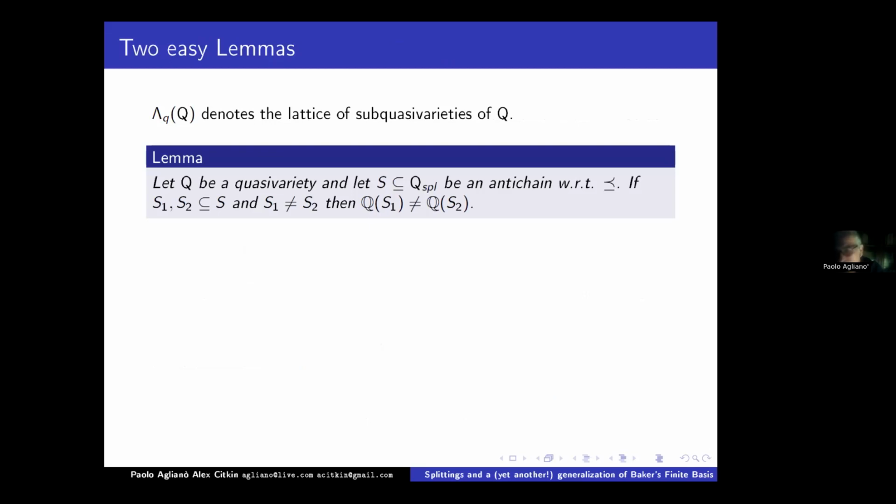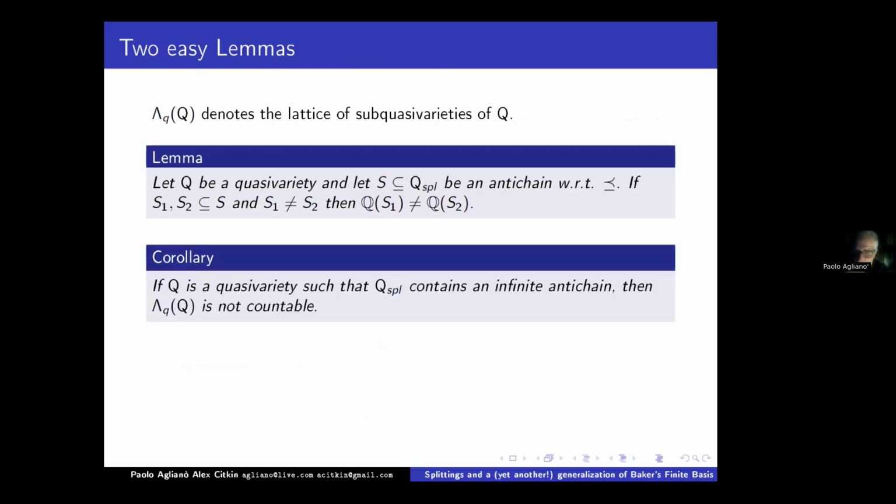I'm not going to show you the proofs because they are mostly elementary, except for one or two. But the consequence is interesting, because if I have a quasi-variety such that the class of splitting algebras contains an infinite anti-chain in that ordering, then this lattice is uncountable.